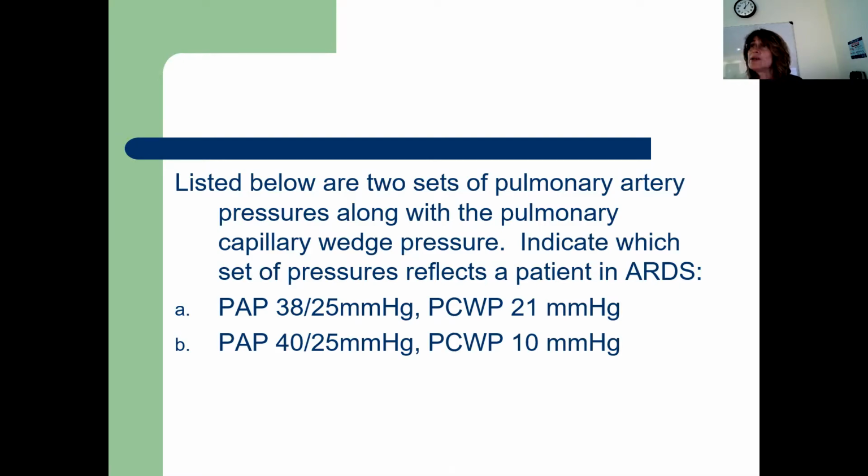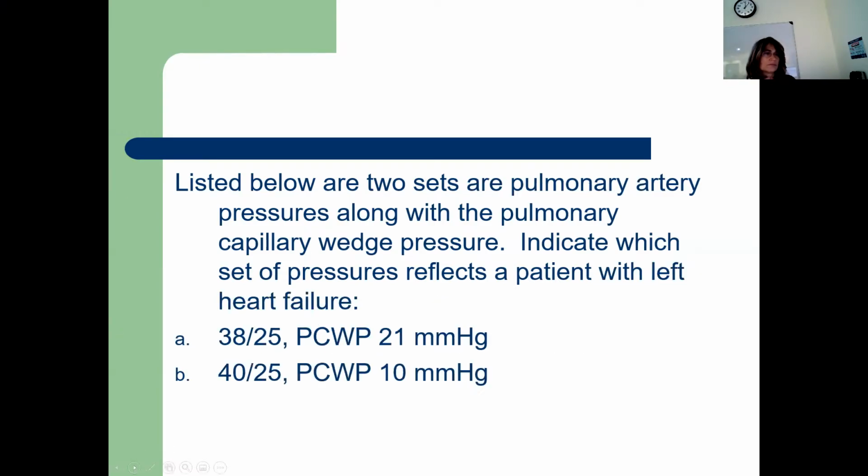All right, we have one more question and then we'll stop for lunch. Listed below are two sets of pulmonary artery pressures along with the pulmonary capillary wedge pressure. Indicate which set of pressures reflects a patient with left heart failure.